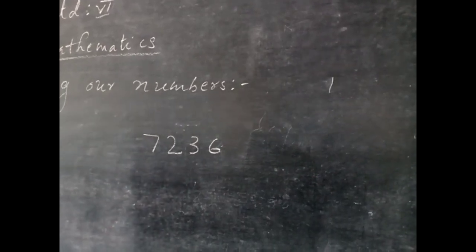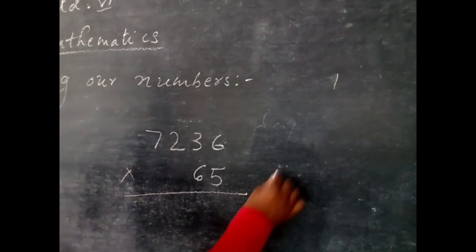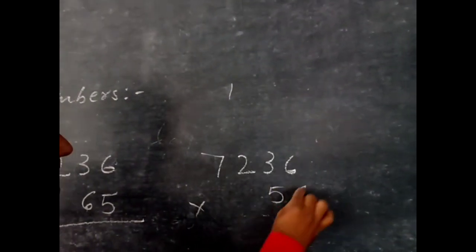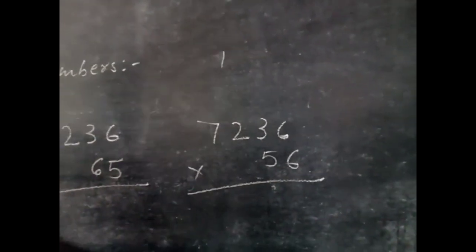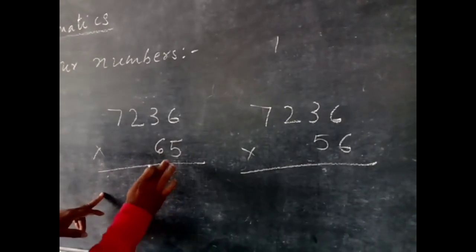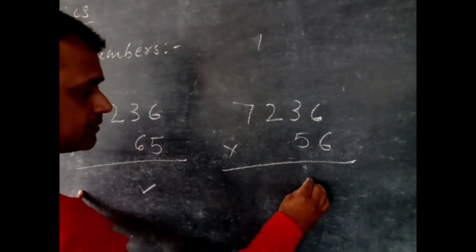So let's see. First of all, you have to multiply by 65 and the same number you have to multiply by 56. Whatever products you get, definitely we get a bigger number by multiplying by 65, and by 56 we get a smaller number, right?